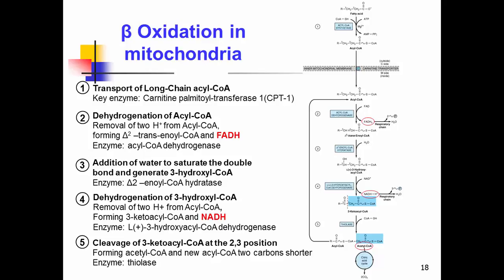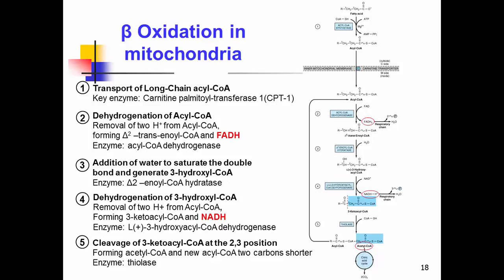And then the second reaction is the addition of water to saturate the double bond. So you can see here actually a double bond is generated right after the first reaction, the dehydrogenation. Then the second reaction is adding water to remove the double bond, or to saturate the double bond, and forming hydroxyacyl-CoA.